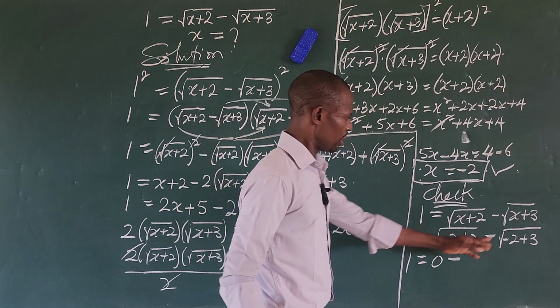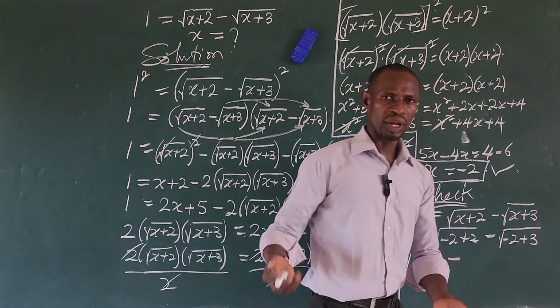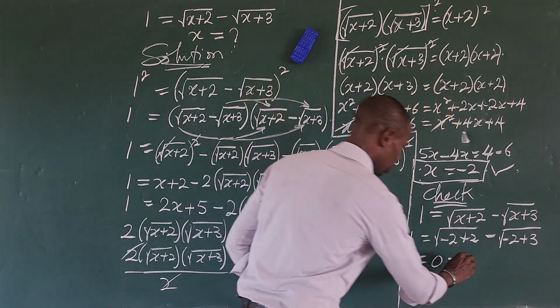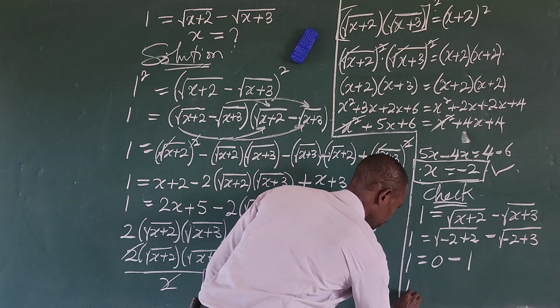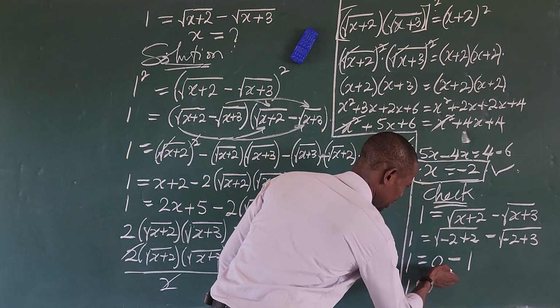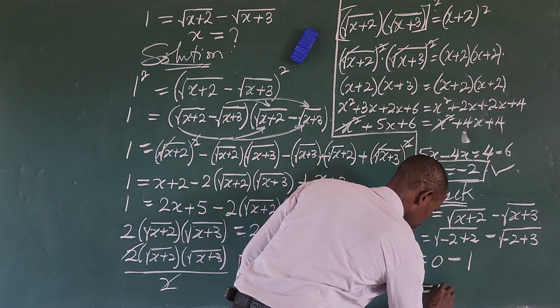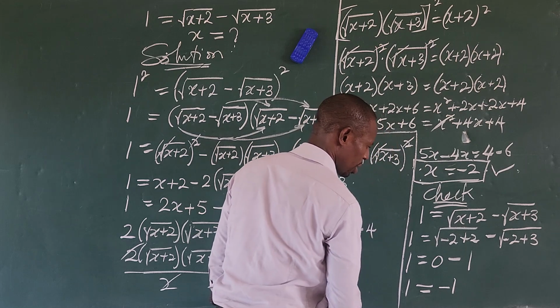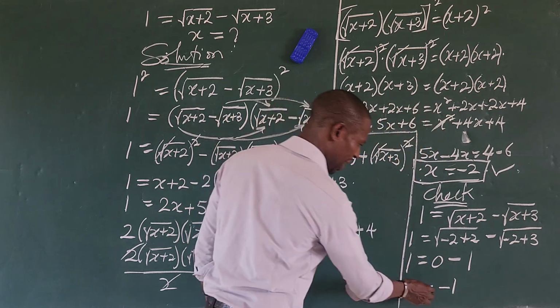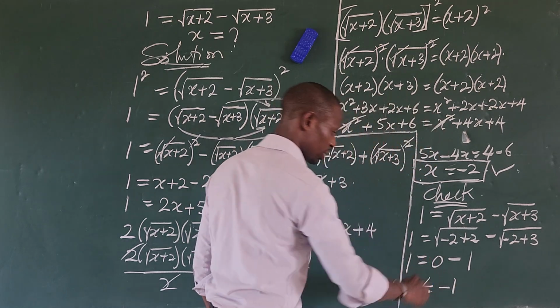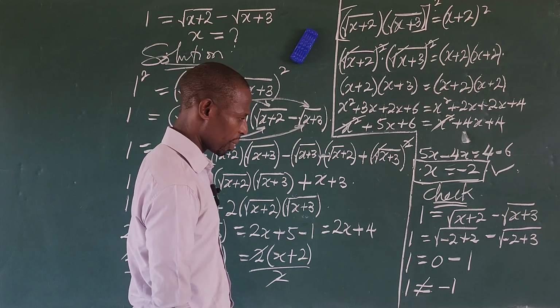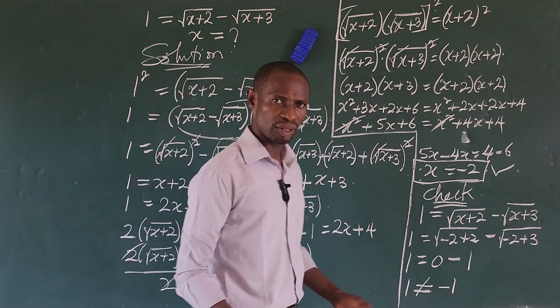Then minus 2 plus 3 will give us plus 1. The square root of 1 is what? 1. So we end up having 1 equal to 0 minus 1, which gives us minus 1. But 1 is not equal to minus 1. So this is wrong.